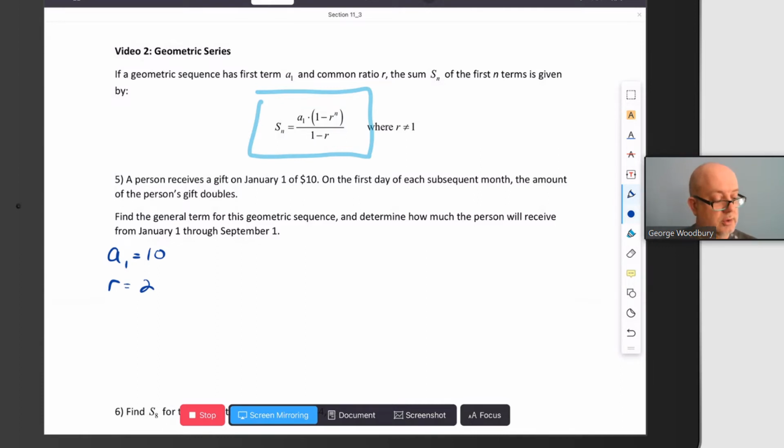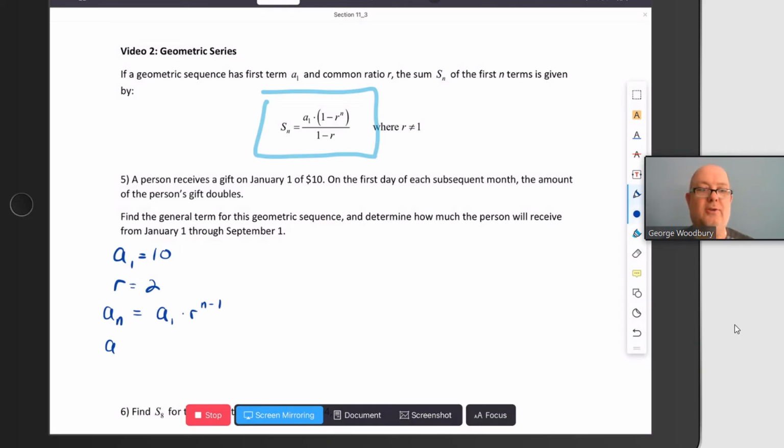The general term a sub n is equal to a sub 1 times r to the n minus 1 power. We don't really need that for this sum, by the way, but I'm just asking you to find that first.